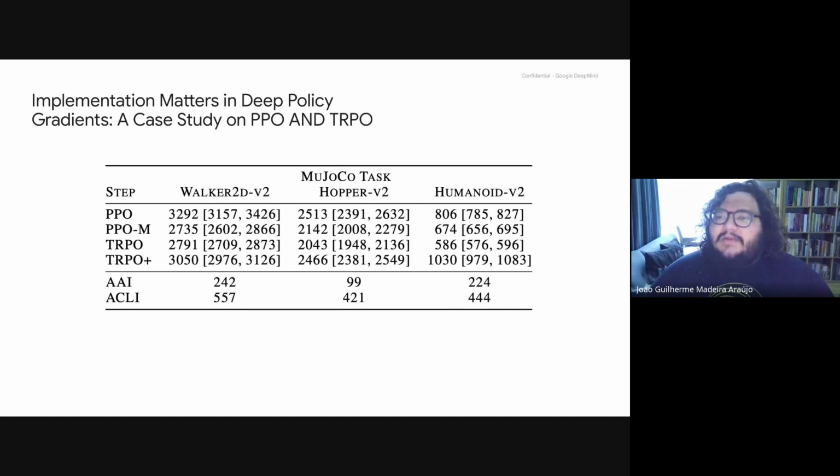Maybe the implementation details, which we are not proving anything about, not ablating well, and not even describing in our papers, matter more. You need an official code base and have to go through it to really find these details. Maybe those parts matter more than what we've been focusing on.